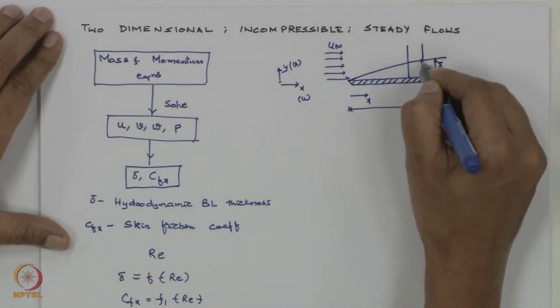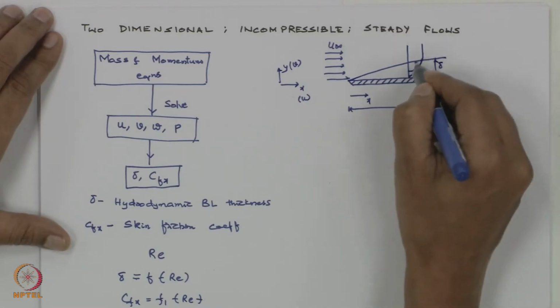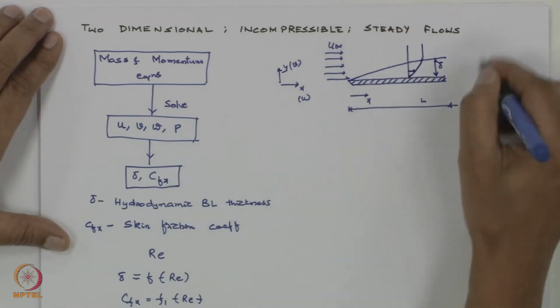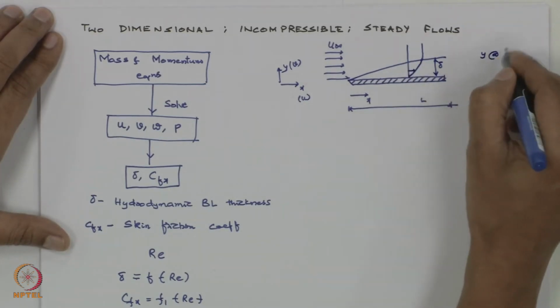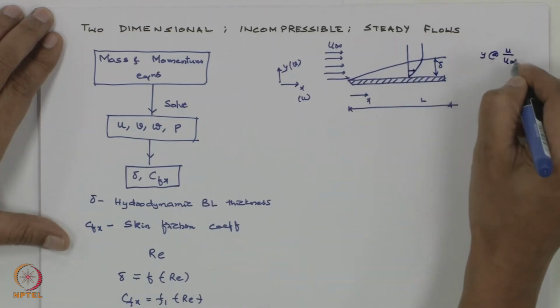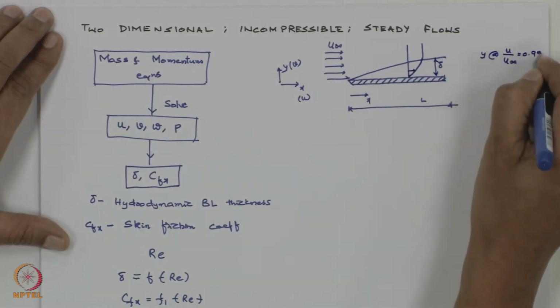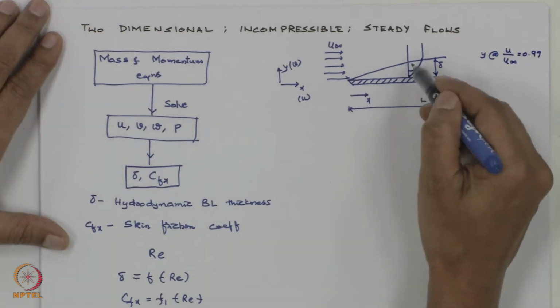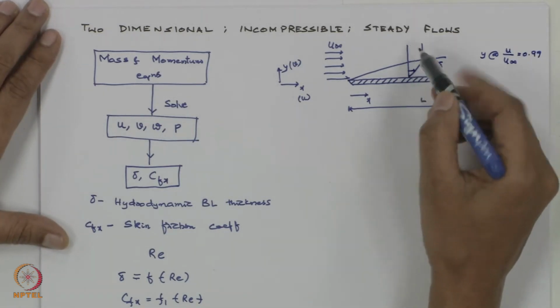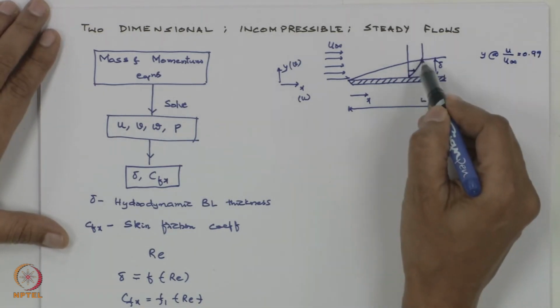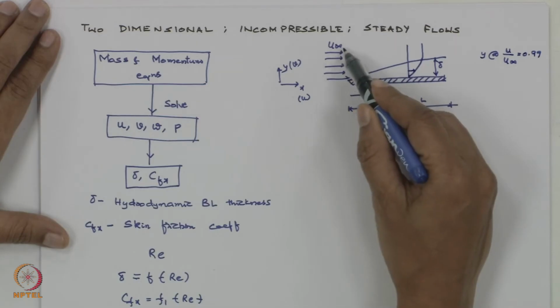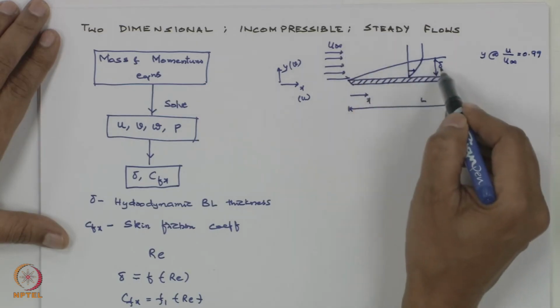What is this boundary layer thickness? It is the location of y at which u by u infinity is 0.99. That is, if I take a pitot tube and start measuring the velocity, the location at which my velocity is 0.99 times u infinity is my boundary layer thickness.